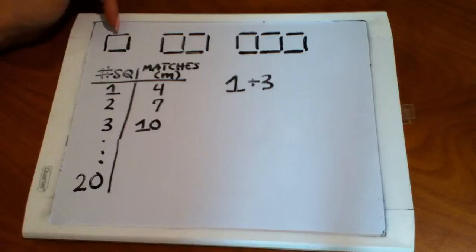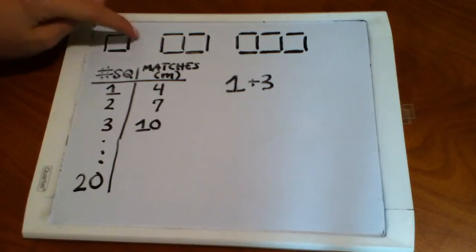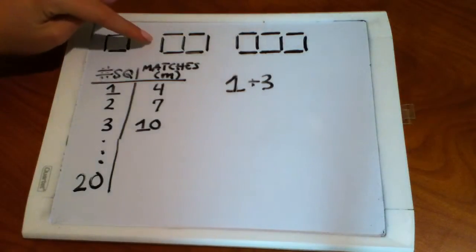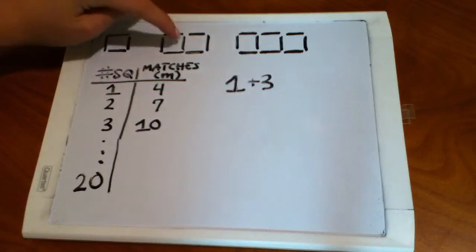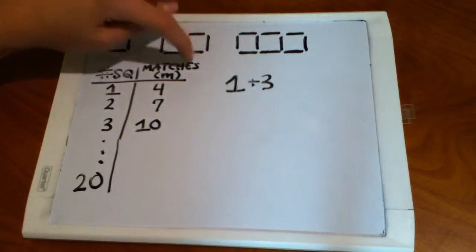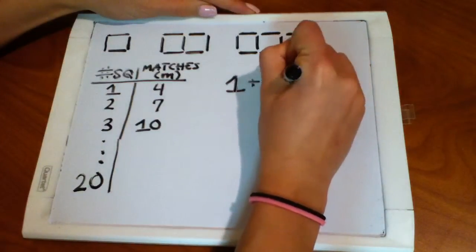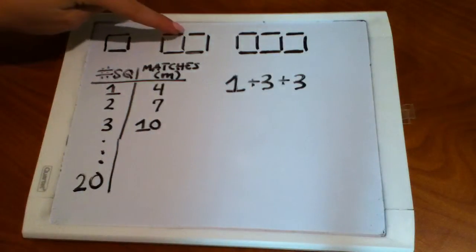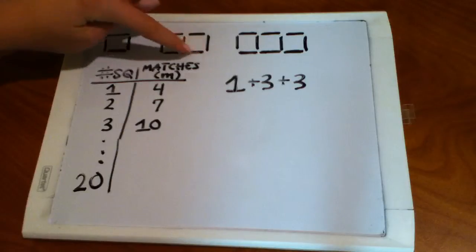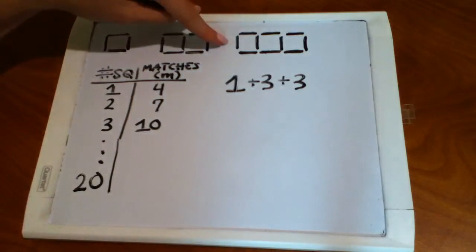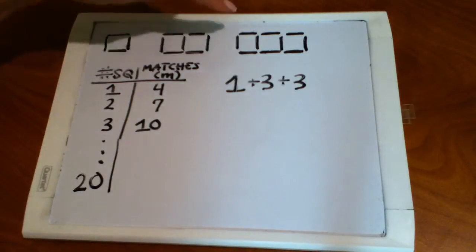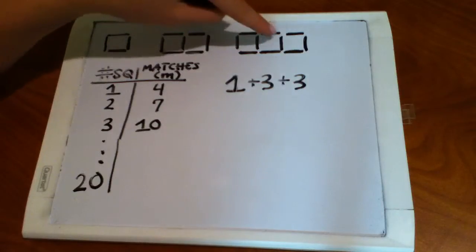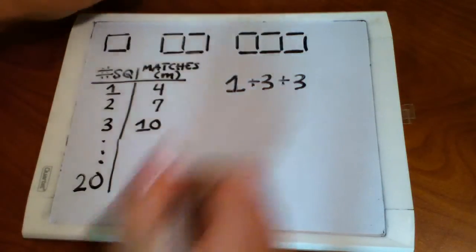So when we only have 1 square, we have 1 match plus 3. When we have 2 squares, we have 1 match plus 3 plus another 3. For the third group of squares, it would be 1 plus 3 matches plus 3 matches plus another 3 matches.